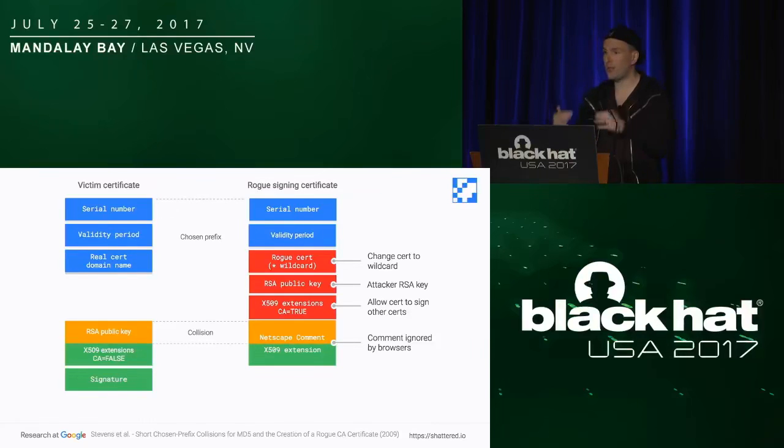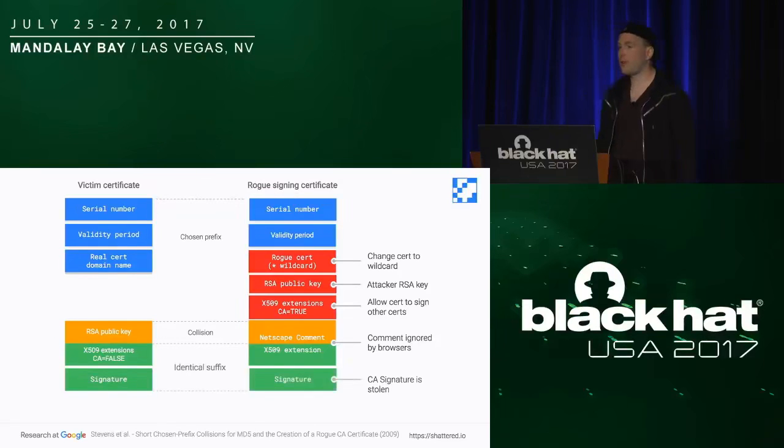So the idea is you push the old public key, as well as some other information directly into the comment extension, so they are now nullified. And this is where you put your collision. And then all you have left to do is to put back the same signature. The signature would validate because they do a checksum using MD5, and you have a signed certificate. This is how you create a colliding certificate.